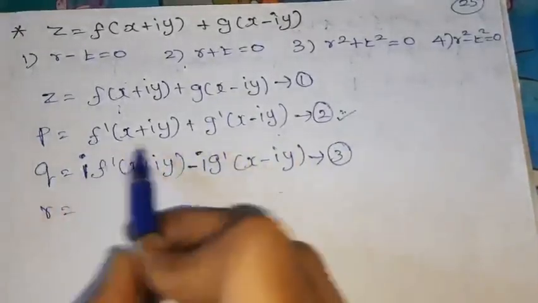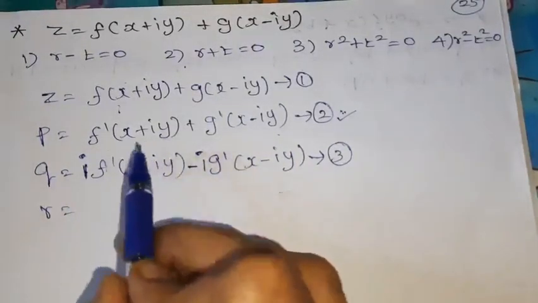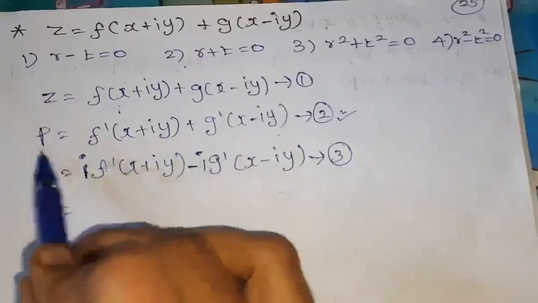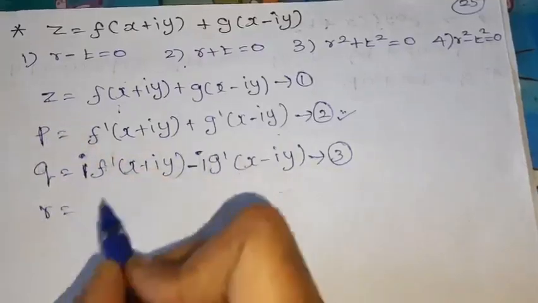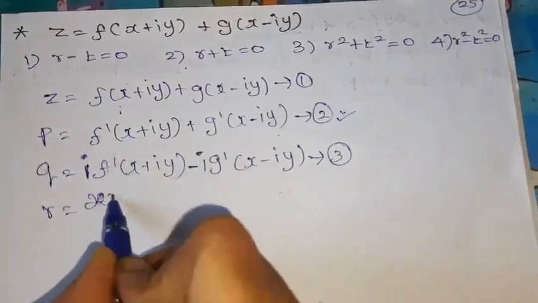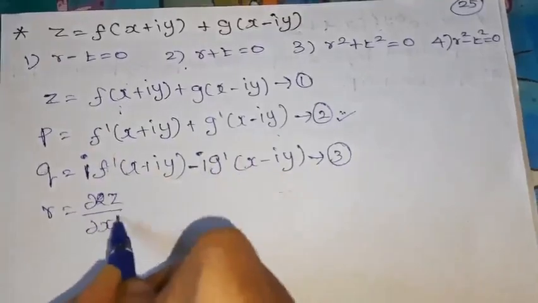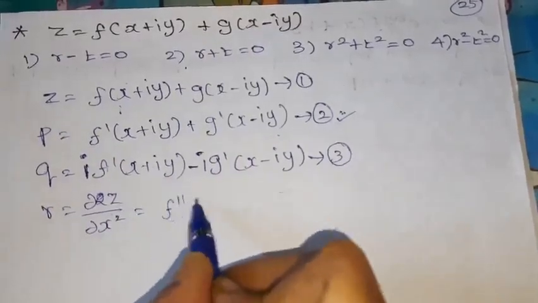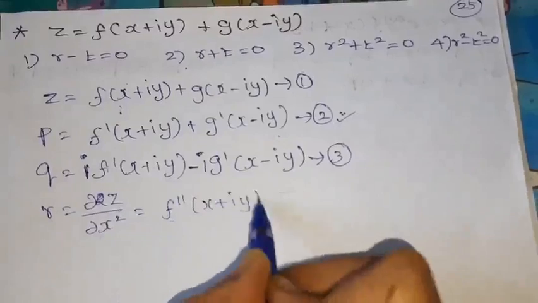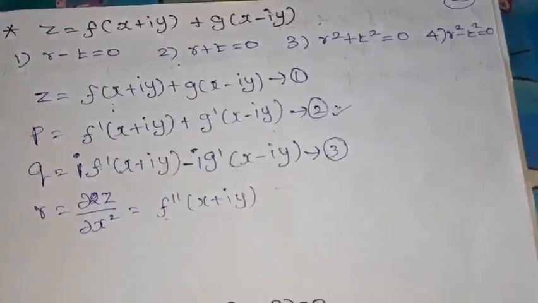So first we differentiate equation 2 with respect to x. Dou z by dou x gives dou squared z by dou x squared, which is equal to r only. So f double dash of x plus iy, the same. Differentiating the inside again, we get into 1.